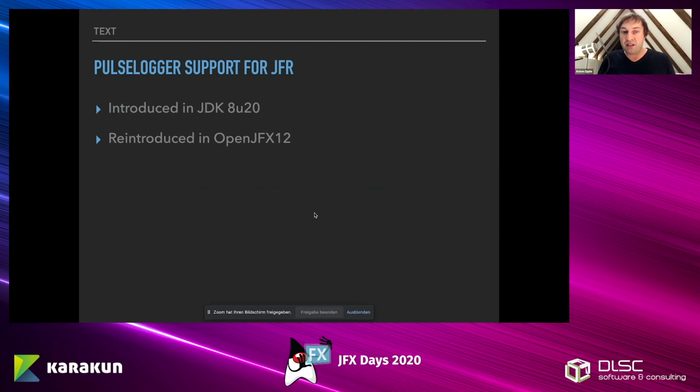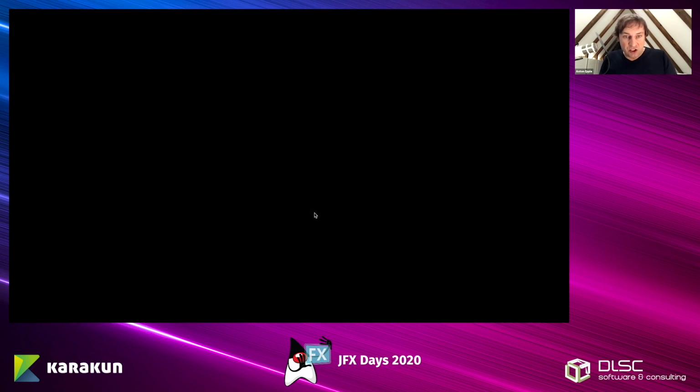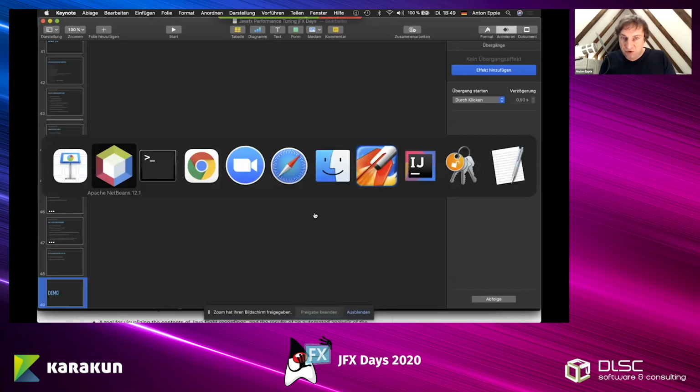And if you're doing a Java flight recording, you will get information about the pulses and about input events, because the JFR logger also records input events. It used to be there. It was introduced in JDK 8 and reintroduced in OpenJFX 12. So it's available now. And I think I can show it with my application. And that's the last demo that I will do for today.